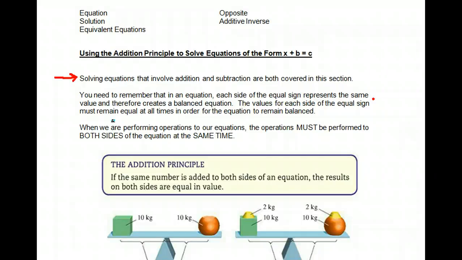Therefore, because that equal sign is representing the same value on the left and right hand side, it is creating a balanced equation. The values for each side of that equal sign have to remain balanced at all times in order for your equation to remain balanced.